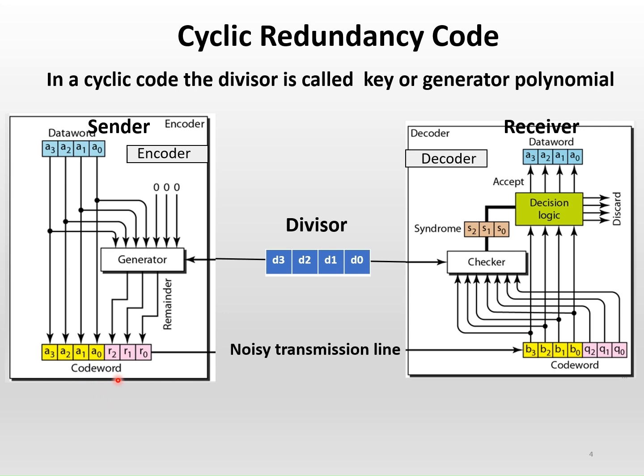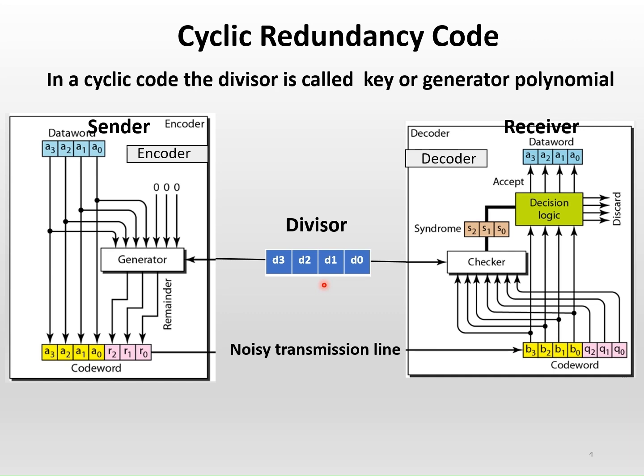So the code word will be generated, and that will be transmitted through the noisy transmission line, and on the receiver side it gets the code word, and this code word will again be divided with the same divisor. So the sender and receiver both agree on a divisor or a key or a generator polynomial.